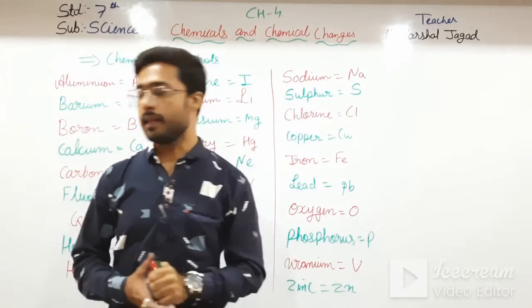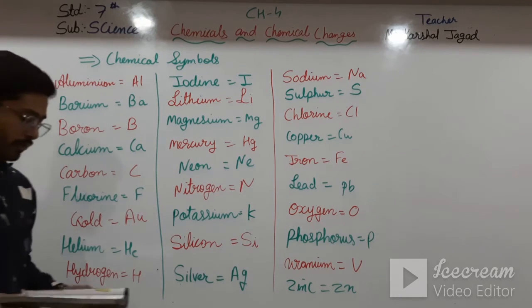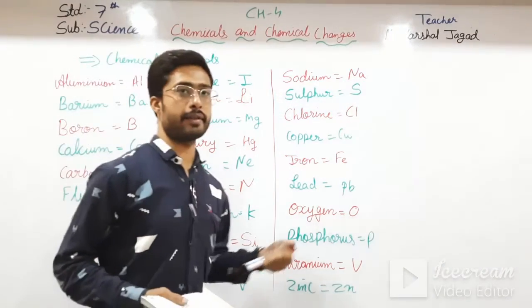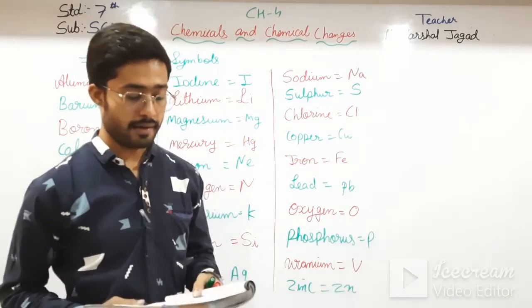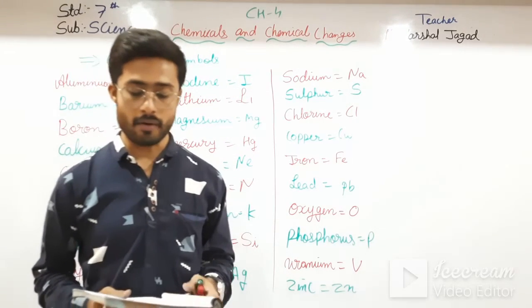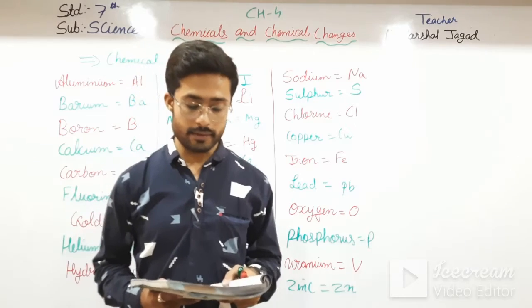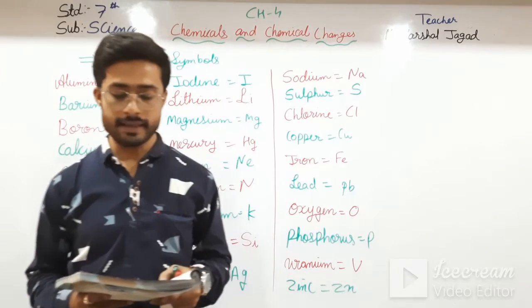Okay, students. Now, moving forward, significance of symbol. See here, a symbol of a chemical element represents one atom of that element. It also denotes the name of the element.